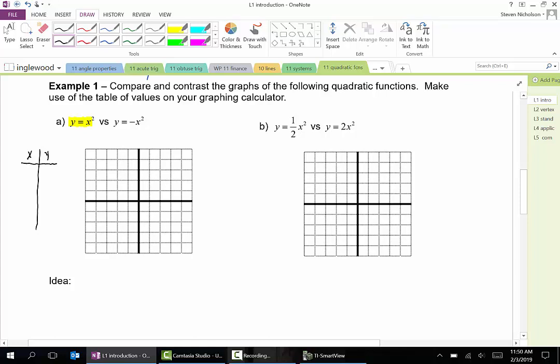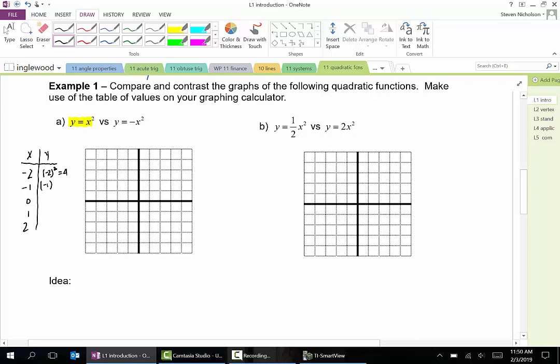When you make a table of values, we always want to choose some negative values for x, some positive values for x, and always choose 0. I'm going to substitute these points in. When I plug in a negative 2 into x squared, it's very important that you remember to put negatives in brackets, and you're going to get a positive 4.